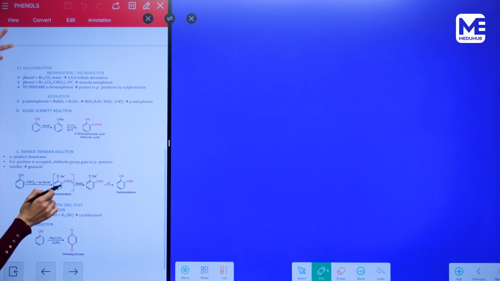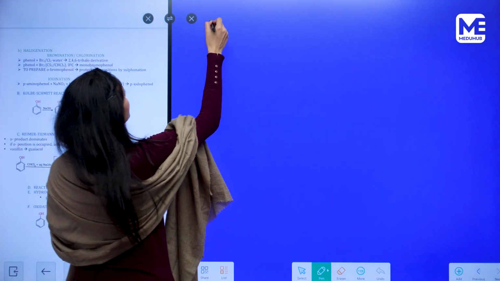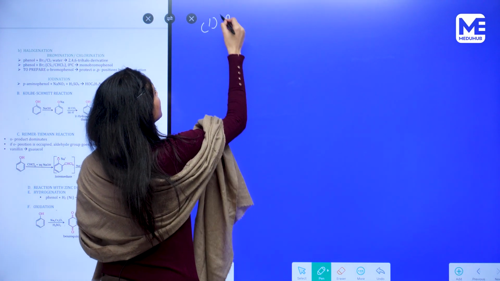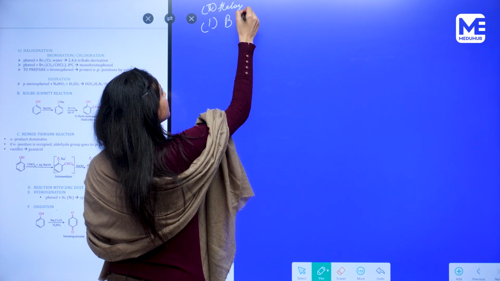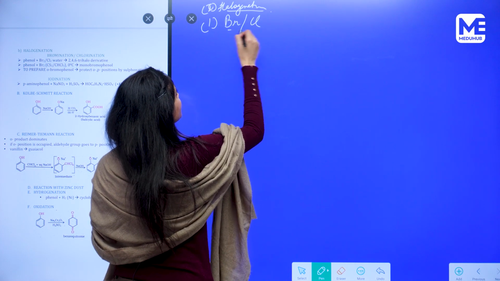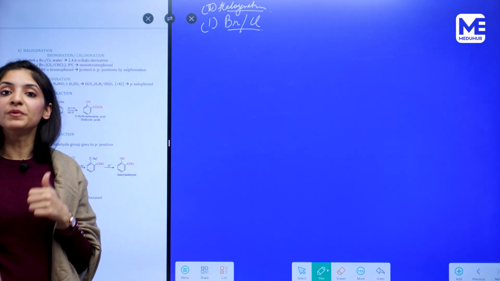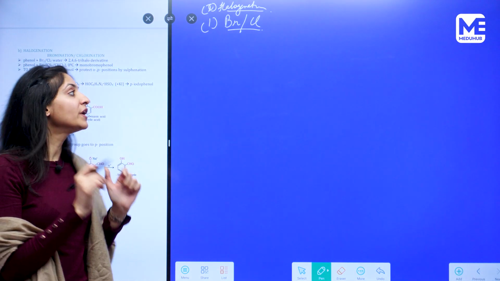We can directly do the bromination and chlorination. There are two ways to carry out bromination and chlorination. We get different products, depending on the method that we are using.